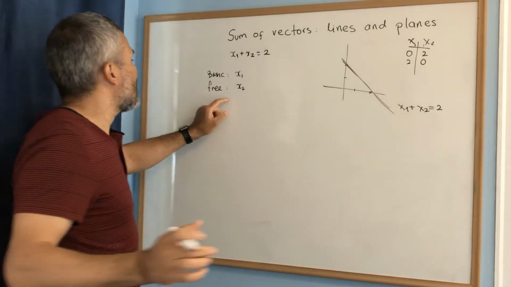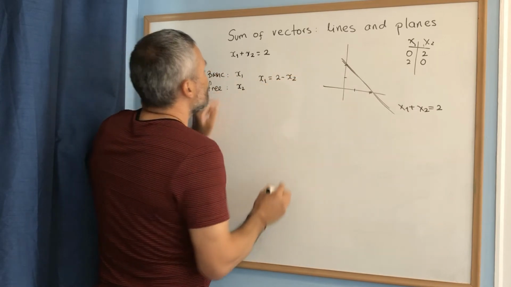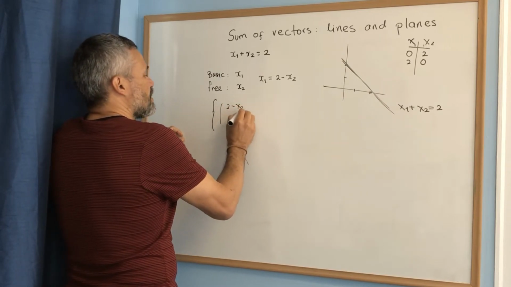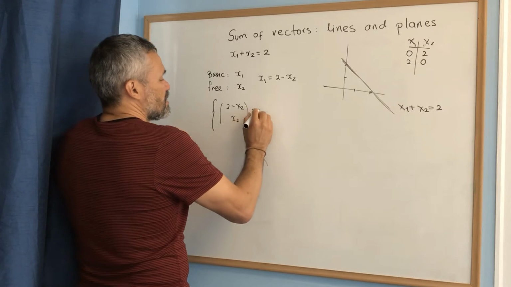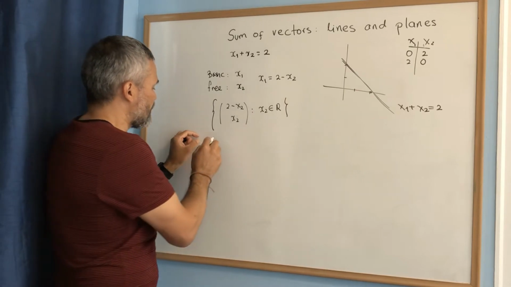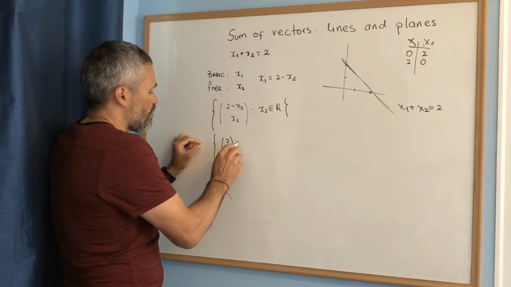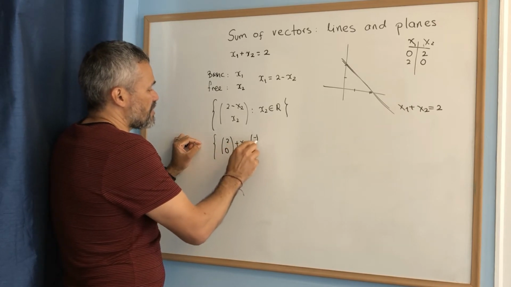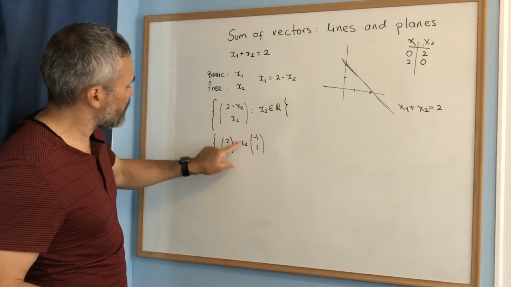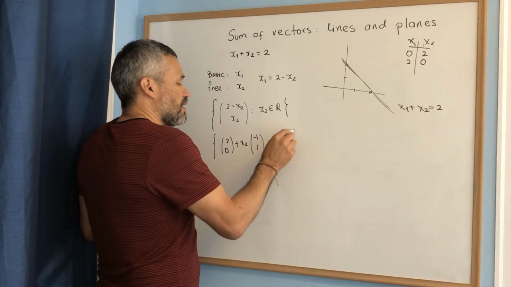Then we solve for the basic in terms of the free, and we get 2 minus x2, and therefore the solution set would be 2 minus x2 comma x2, such that x2 is a real number. We can rewrite this set in this form: 2, 0 plus x2 times negative 1, 1. You can see that when you do this operation, you get exactly this, such that x2 is a real number.